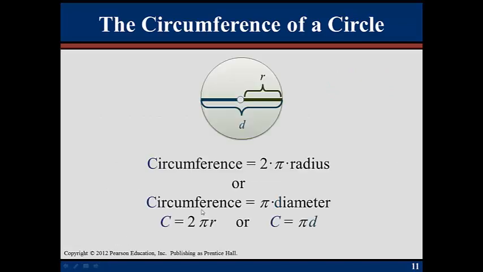So formulas. There are two of them. The first one says circumference is equal to 2 pi times the radius. Pi is a symbol, and the radius is the distance halfway through the circle.